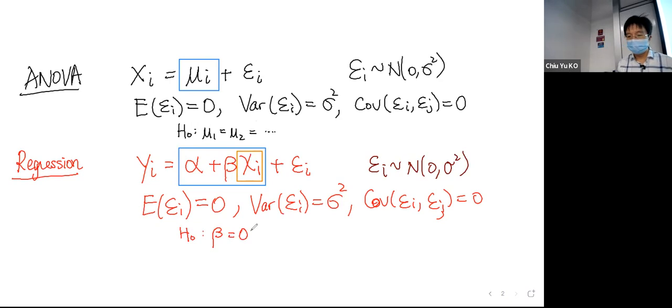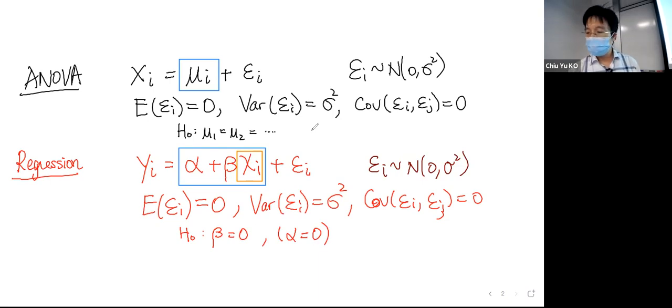If beta is 0, which means that everything is not x, the model actually, we don't need to worry about x, the same mean, the same idea, right? In addition, we can also ask another question, whether alpha equals 0 as well. So that's actually the two parts of the problem. Okay, so that is why regression has more things to answer.